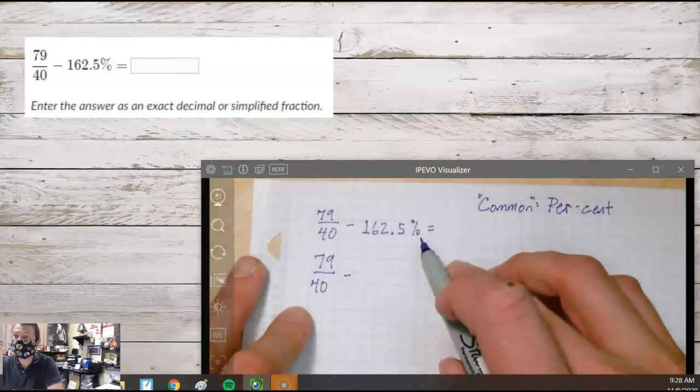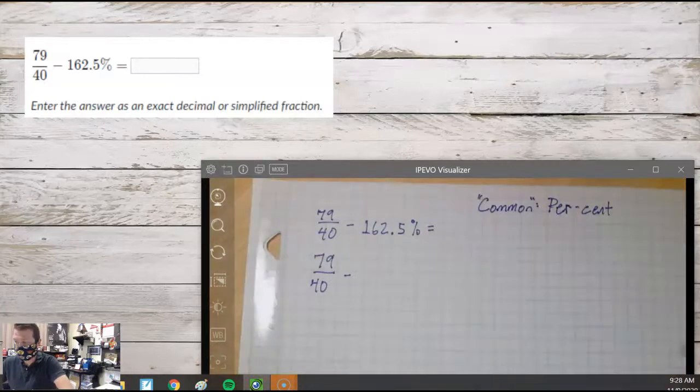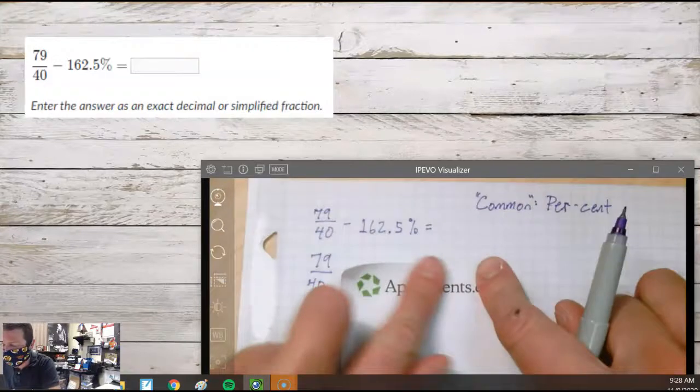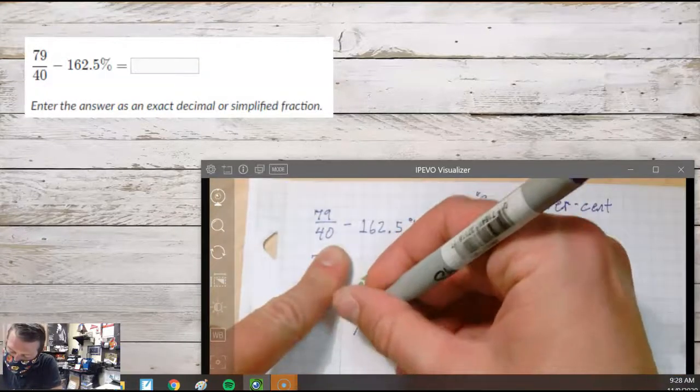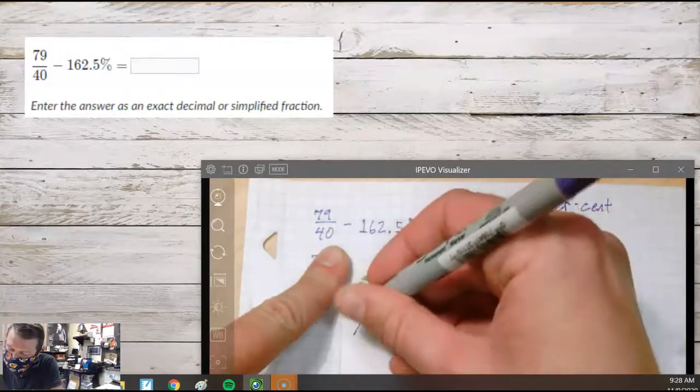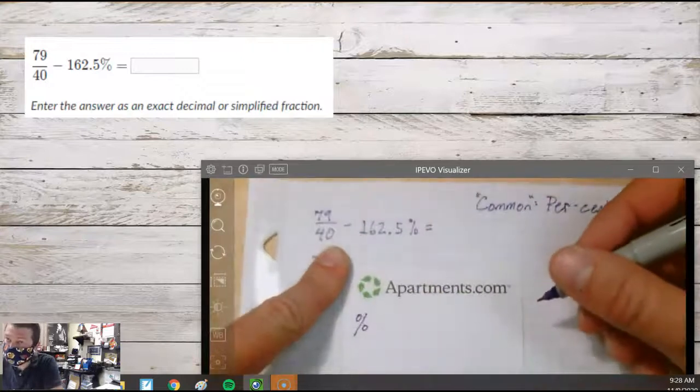Anytime we see a percent, here's my trick. Please look up at the screen for a second. Check it. The percent sign. Here's a little visual trick that may or may not help. One line, two circles.